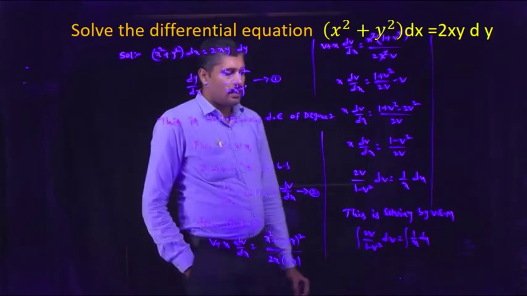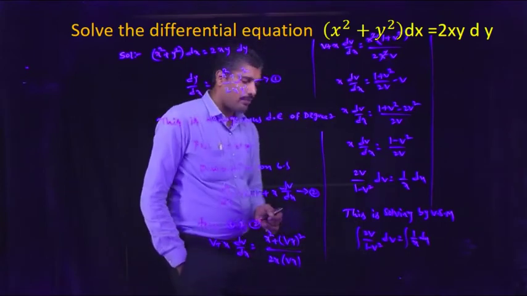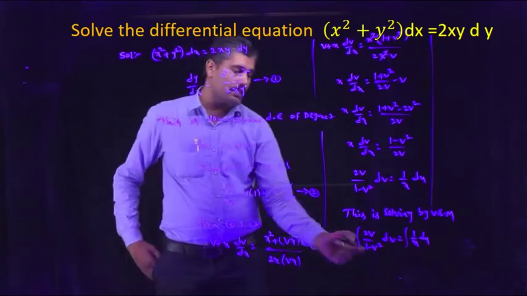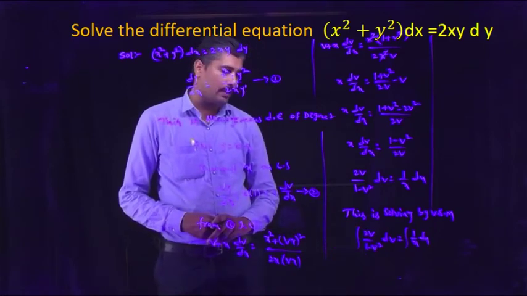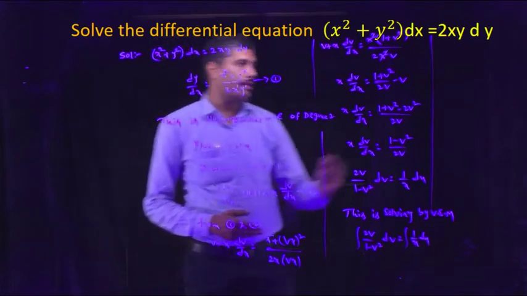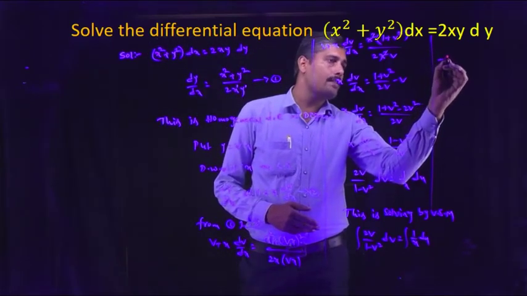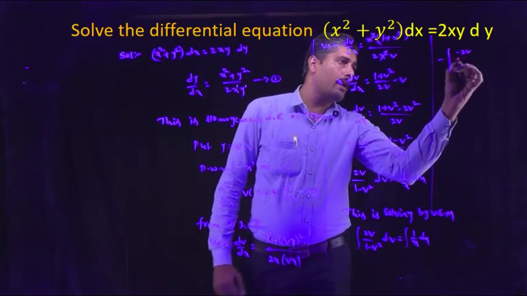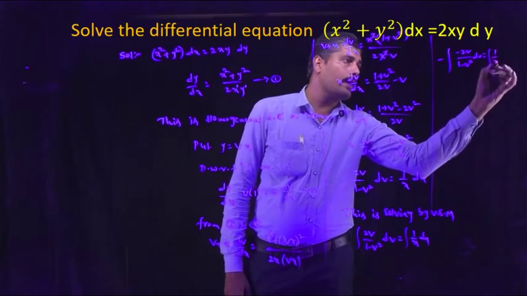Here in 2v by 1 minus v square, we know that the derivative of 1 is 0, the derivative of minus v square equal to minus 2v, here plus 2v is there, that's why multiplying and dividing, that is minus integral minus 2v by 1 minus v square dv equal to integral 1 by x dx.